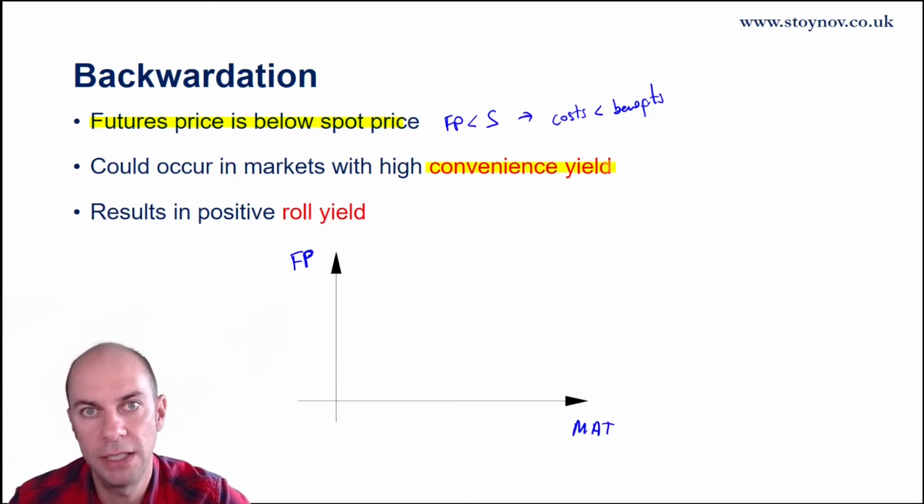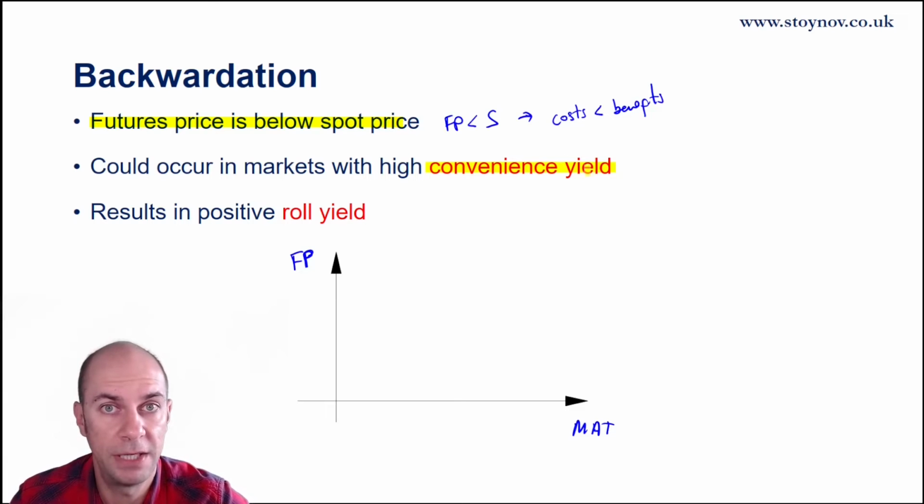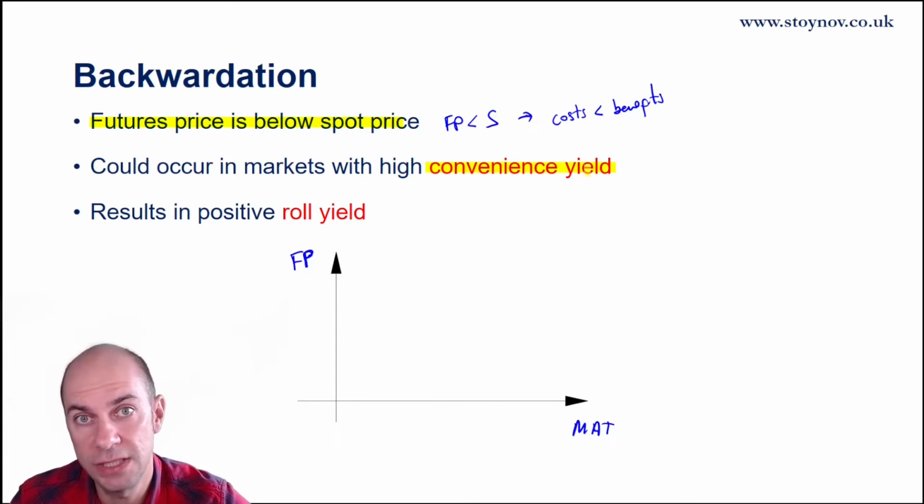So the main benefit of carry on commodities is something called convenience yield, which is the non-monetary benefit of holding the commodity. Typically, if I'm a manufacturer and I need the raw material, copper, aluminum, steel, then there is this desire to hold the physical commodity in stock in order to be able to carry on producing my goods.